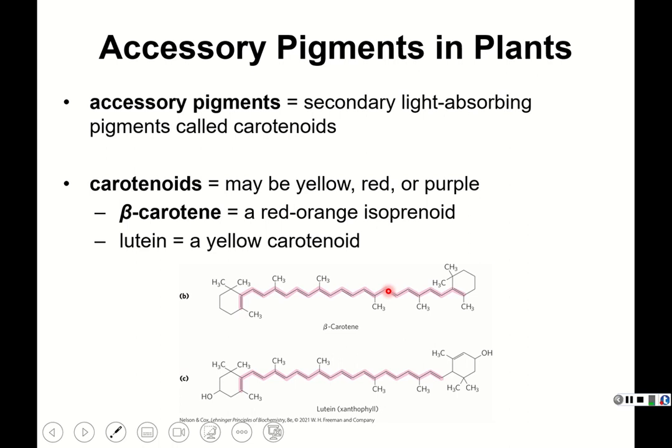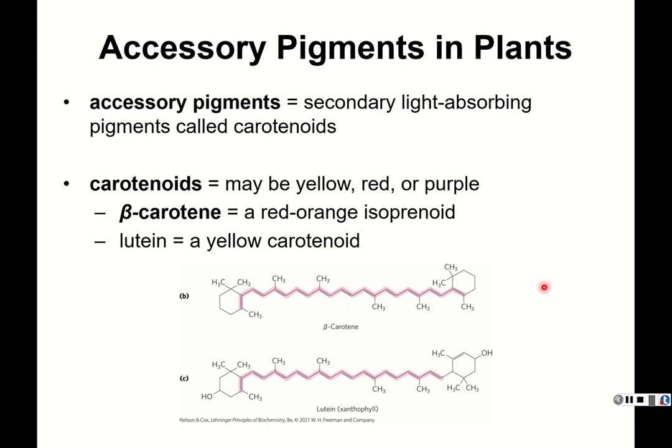Adding some other pigments allows the plant to absorb light at other wavelengths as well, so you're not wasting as much of the sunlight. Or if you think about it, at different times of day, the sunlight might have a slightly different color. These other pigments allow light to be absorbed throughout the day and at more areas of the spectrum.